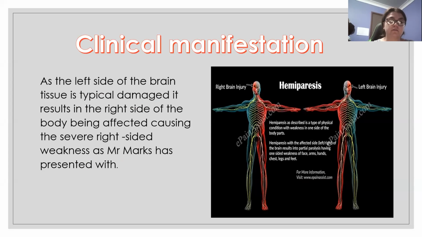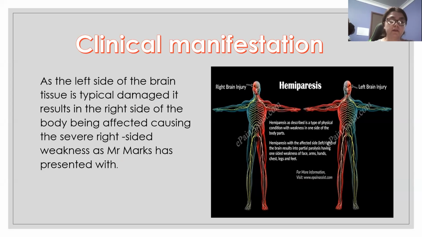With this understanding of the pathophysiology of stroke, we can now understand that severe right side hemiparesis is caused through injured brain tissue located predominantly in the medial occipital lobe or the inferior and medial temporal lobes.